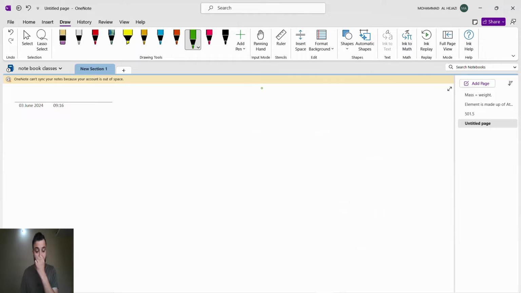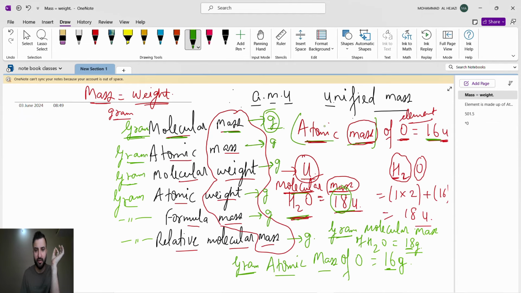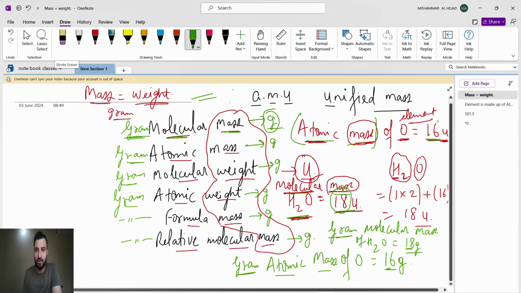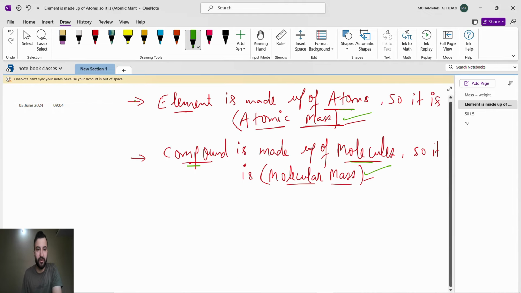Now, a very important thing: till now, what to write and what not to write. Till now, don't write anything on this page, because you already know it; I am just giving you the flashback and the concept of when we use U and when we use G. In this, you write these 2 points.